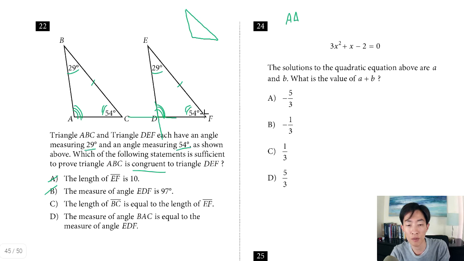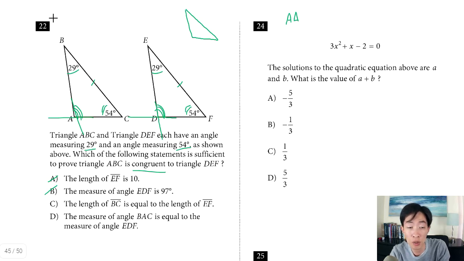Given that this side is fixed, this angle is fixed, that angle is fixed, there's no real way to move these sticks around. You can't rotate them because the angle is fixed. And so if you do it on both sides, you're going to end up with the exact same triangle, because you're starting with the same side and two fixed angles.